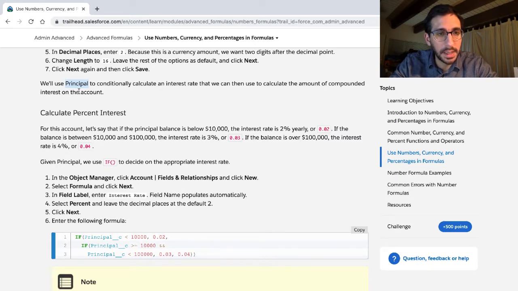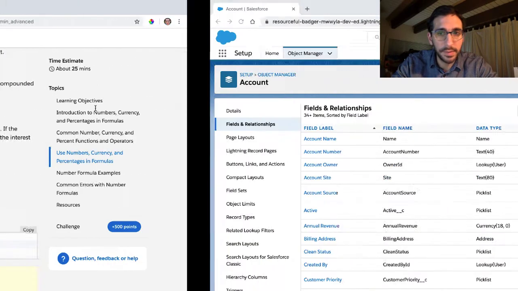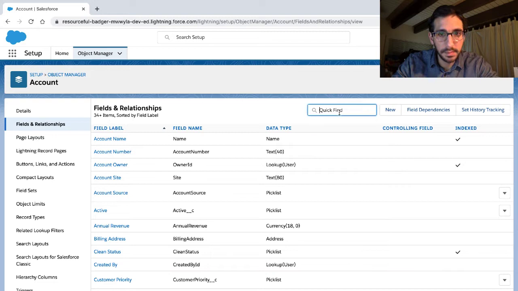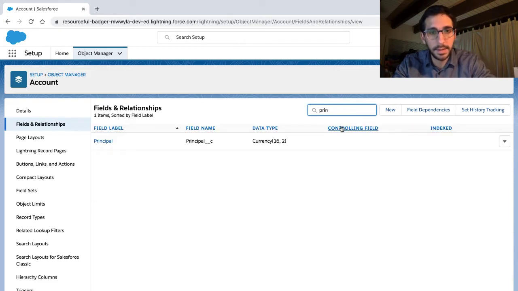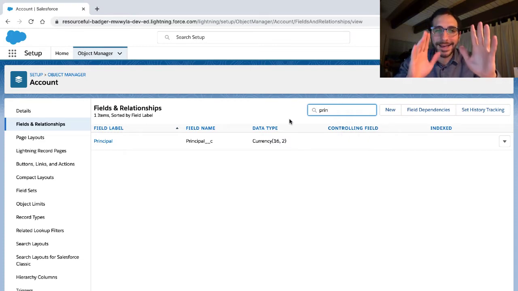To conditionally calculate an interest rate that we can then use to calculate the amount of compounded interest on an account. Is principal a field? Huh. Hey.